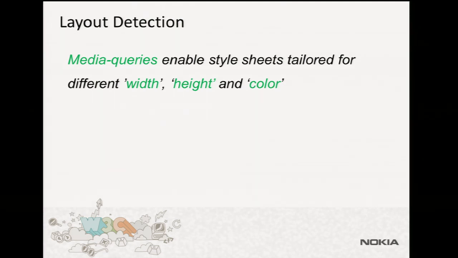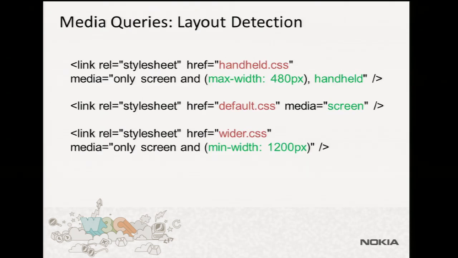So if you want to create a style sheet for an app for a TV, which is 1080p, you can specify your maximum width, minimum width, and say use this style sheet when the width of your device screen is between this range. So this is how you use it.